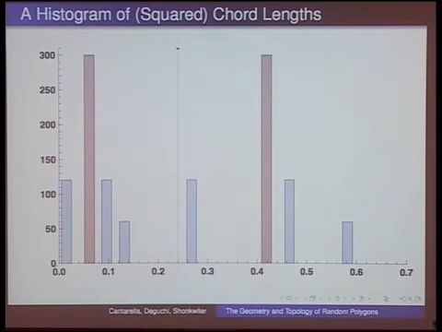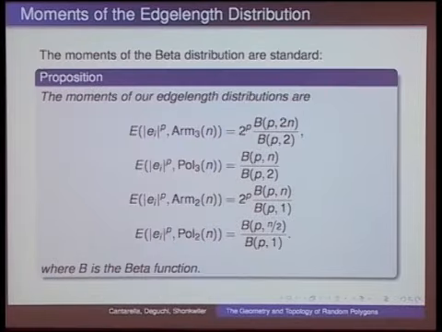The pink guys are for the regular polygons. This is a histogram of how many times each length occurs. The blue guys are from the irregular ones, and indeed, the average over each distribution is right here. So now we can work out the moments of all our edge length distributions.